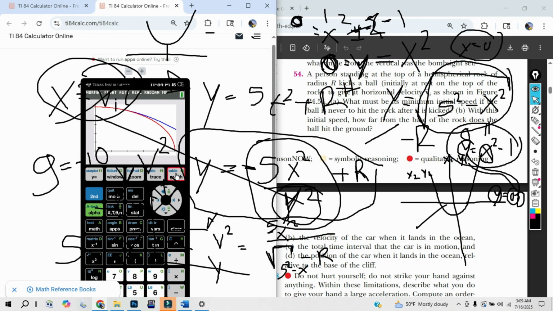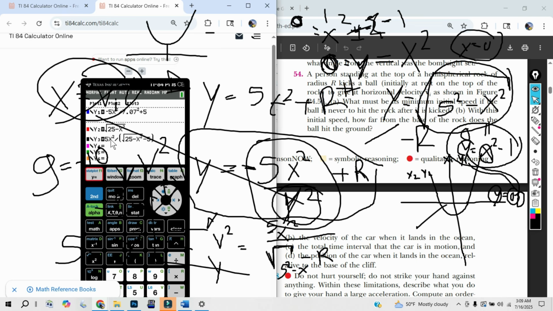Yeah, let's graph it. Oh, that equation's nowhere to be found. 5x squared? So if x is 0, it's 0.